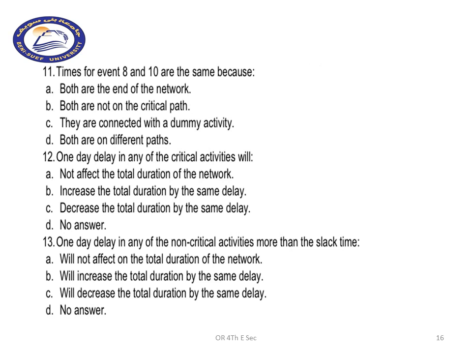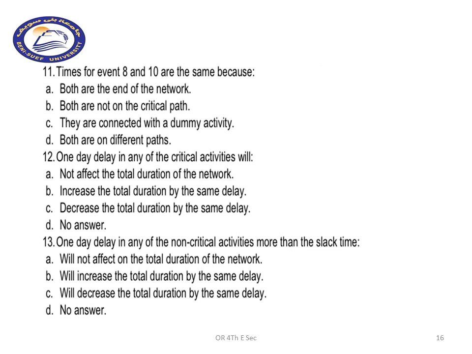Question number 12, 1 day delay in any of the critical activities will, as we said, critical activities, why did we call them critical? They are the activities on the network with the highest duration, which means that any delay in any one of these activities will make the whole project get delayed.